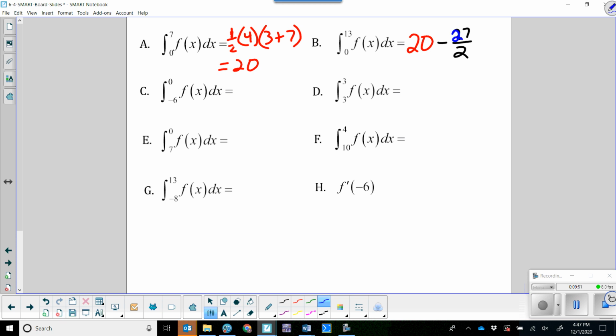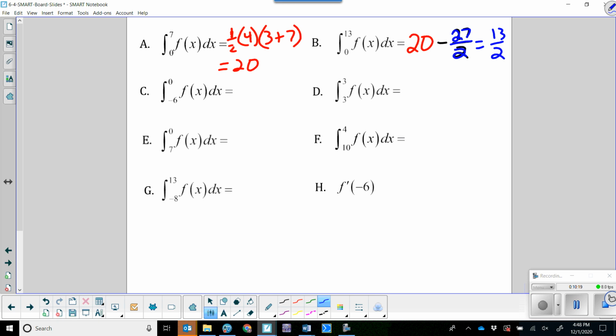I guess that makes it match. So I colored that in blue, but it's underneath the x-axis, so it's negative. So that gives me 20 minus 27 halves, or 40 halves minus 27 halves, which is 13 halves, or 6.5. So that's what we would say is we evaluated the integral from 0 to 13 of f of x dx.